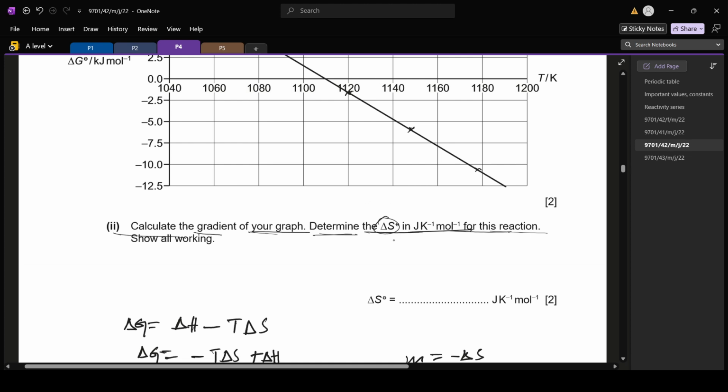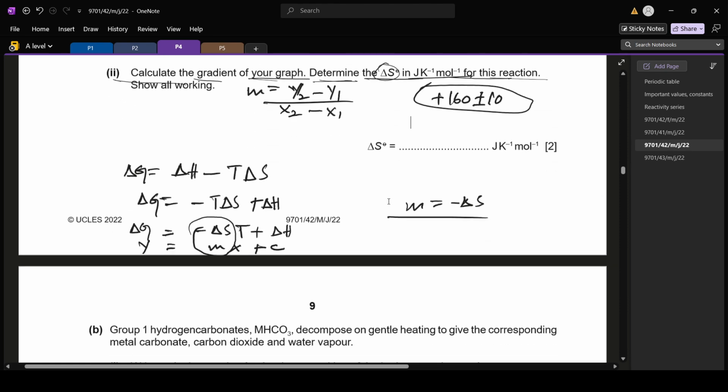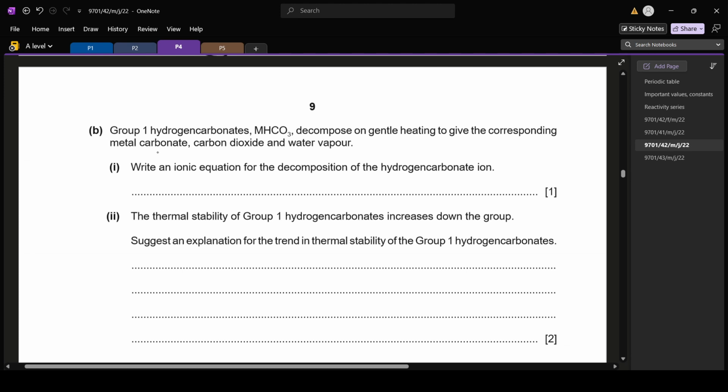You can calculate gradient very easily from this formula: m is equal to y2 minus y1 upon x2 minus x1. I don't think I need to do this part. But the answer in the marking scheme is plus 160 with an uncertainty of 10. Your answer should be in this range. So I think you can do this on your own. I'm moving to the next part.